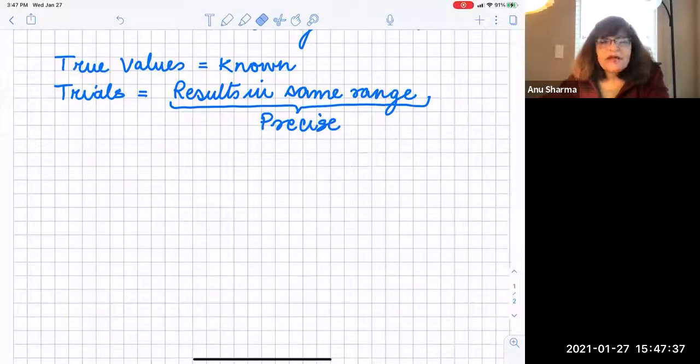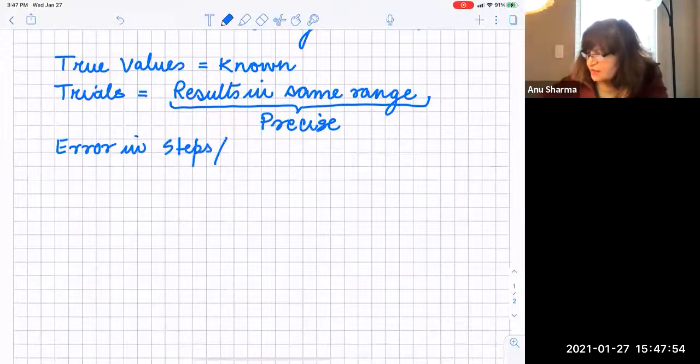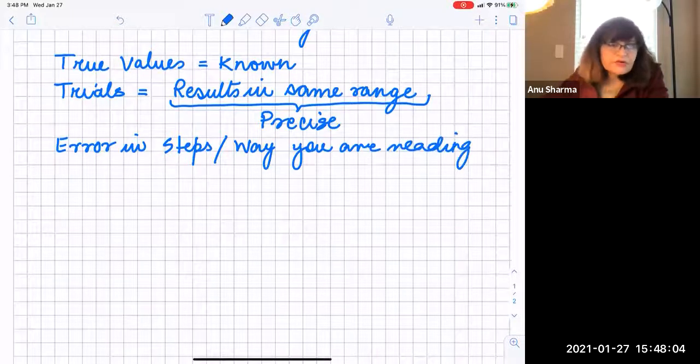that means that, and every time you keep getting the same results, somewhere there is some error in the steps. You're making some mistake continuously in the steps. There could be error in the steps, or error in the way you are taking the reading, or there could be some other type of errors beyond your control.